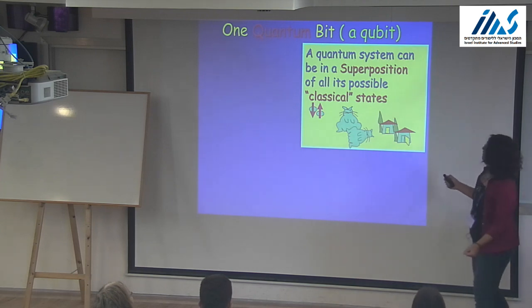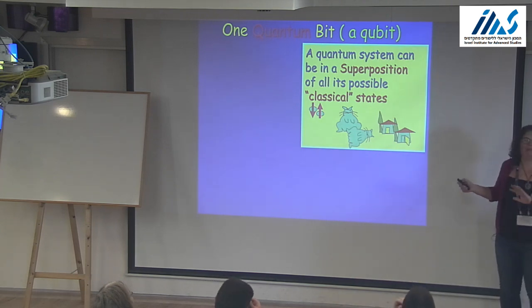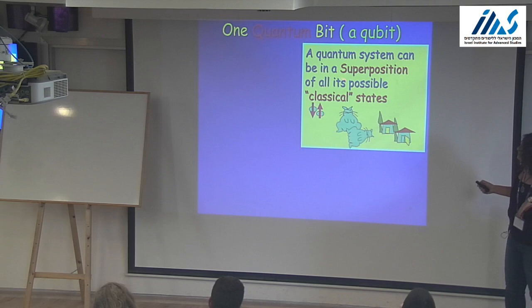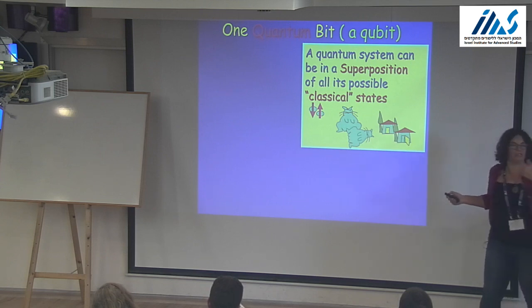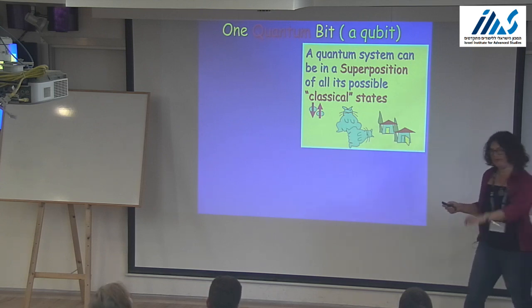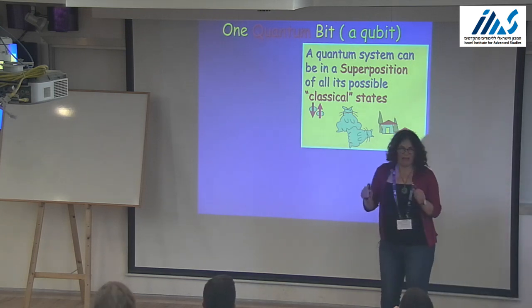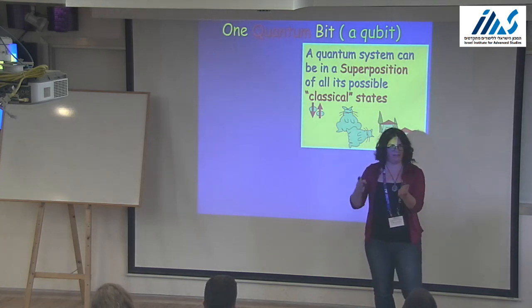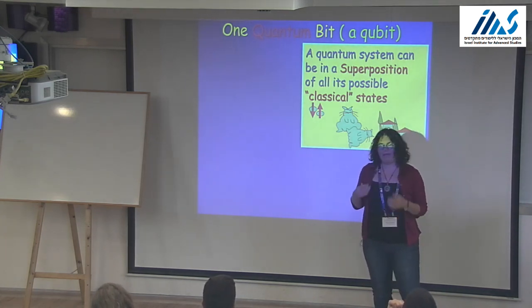Yeah, okay. So anyway, we have a qubit which can be in a state 0 and 1, and in a superposition of all its possible states, meaning a linear combination of 0 and 1. The important thing was that Orr said we cannot abstract the physics out of it. I want to say the opposite.